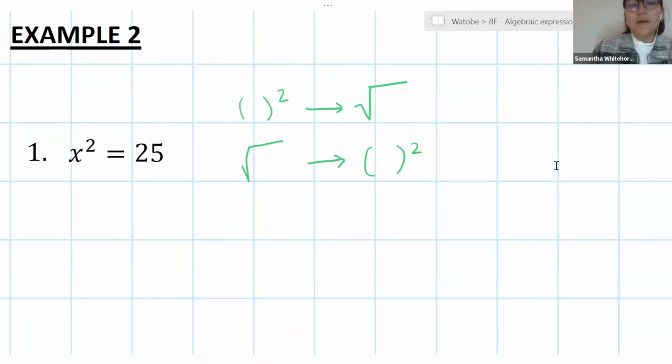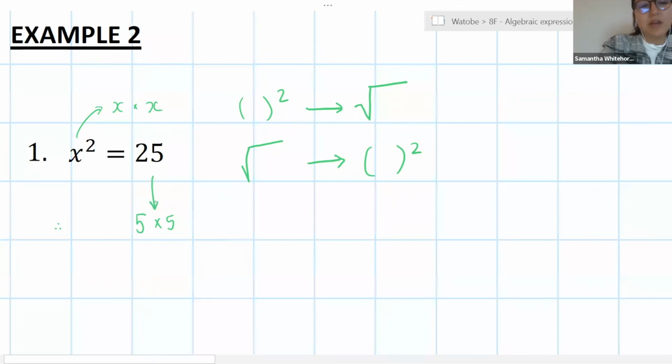We know that if I've got an x squared, it's saying to me that I've got x times x. So I'm looking for two identical numbers that when I times together, I get 25. And those two identical numbers are 5. We know that 5 times 5 gives me 25.